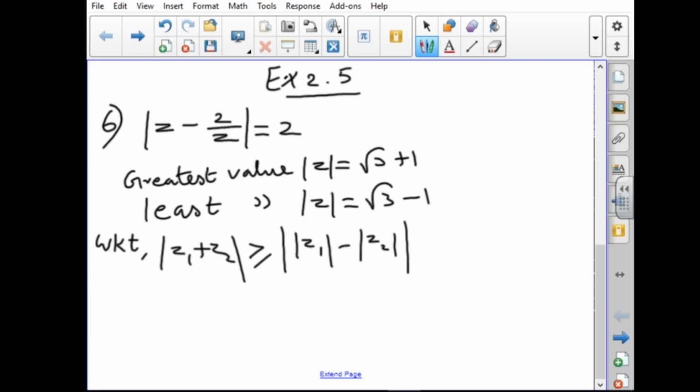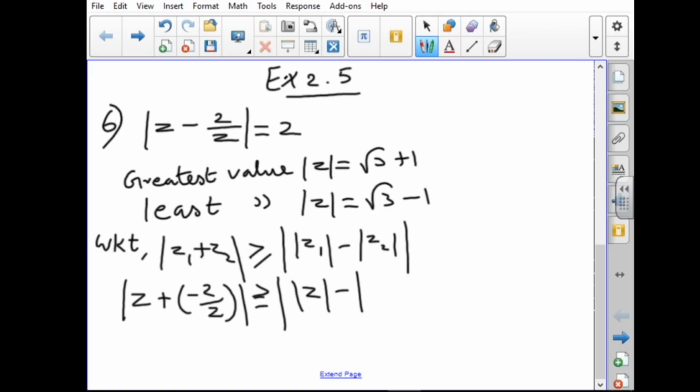Now, given modulus of z minus 2 by z is equal to 2. We will take that as z plus minus 2 by z. So, what is this? This is greater than or equal to modulus of z minus modulus of minus 2 by z.